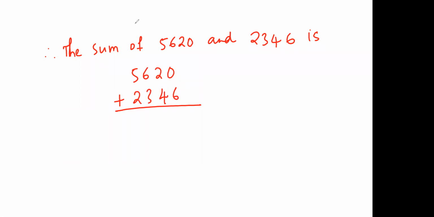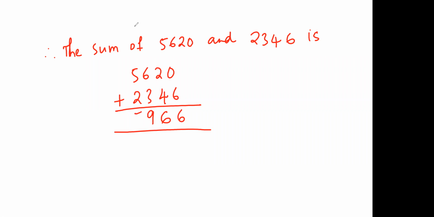Start adding from the ones place onwards. You all got to know perfectly what are ones, tens, hundreds and thousands places, no need of always mentioning, right? Now listen, start adding from the ones place onwards. 0 plus 6 is 6. 2 plus 4 is 6. 6 plus 3: keep 6 in the mind, open 3 fingers, 6 after 7, 8, 9. 5 plus 2: keep 5 in the mind, open 2 fingers, 5 after 6 and 7.